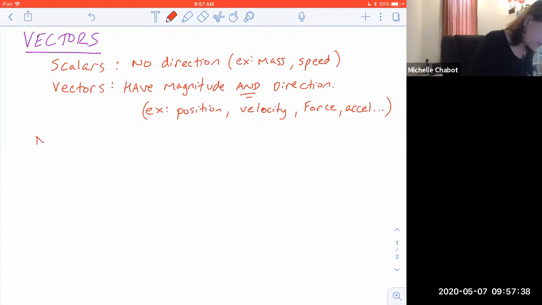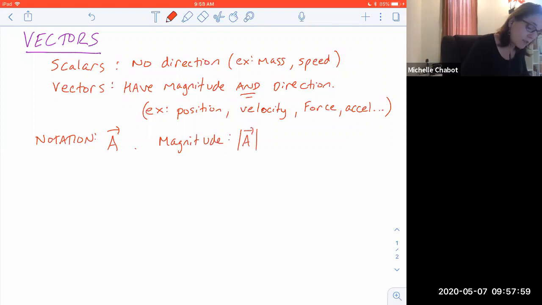So the notation for vectors is that we denote it by, say, some vector A, and we'll draw an arrow over it to show that it's a vector. And so then the magnitude of the vector would be denoted by drawing these straight lines commonly used for absolute value around the vector.